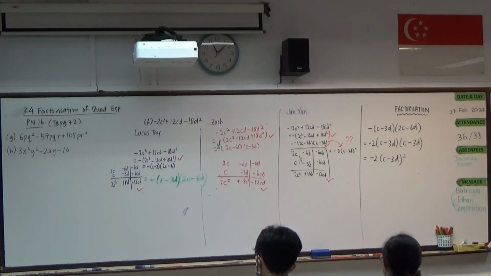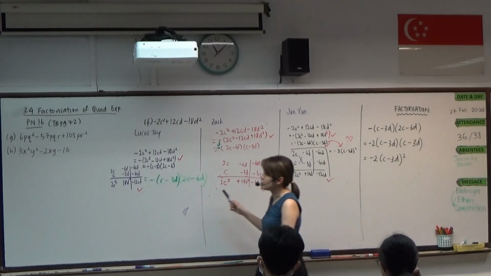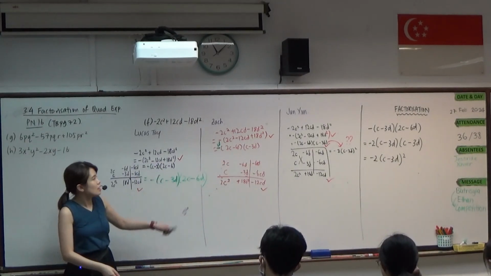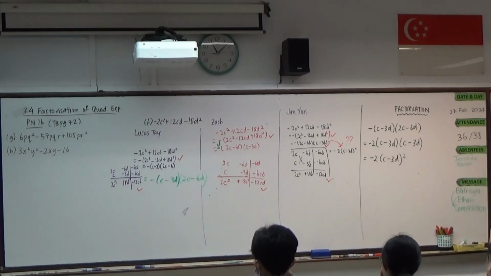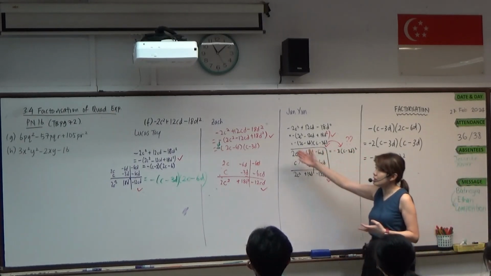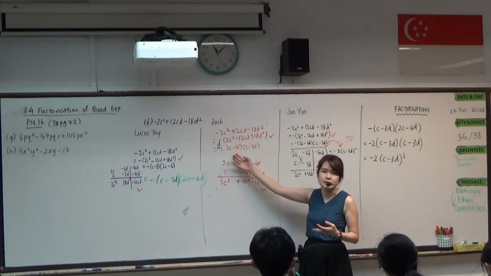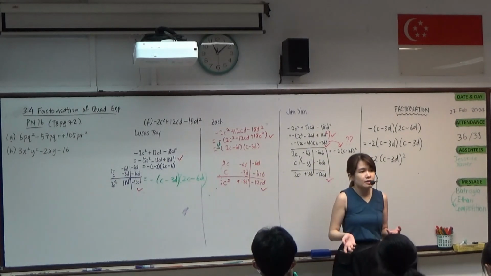Okay? Alright. Now at this juncture, before we move into these 2 questions, I want to make use of this opportunity to kind of summarize for us our factorization skills. Okay? We recognize that we constantly face a problem in factorizing incompletely. Where we saw over here, we leave our answers to 2C minus 6D. We always leave it to that.